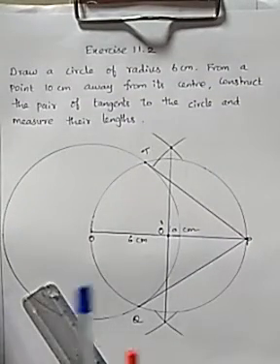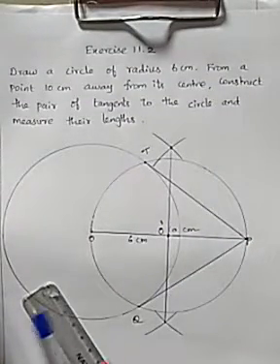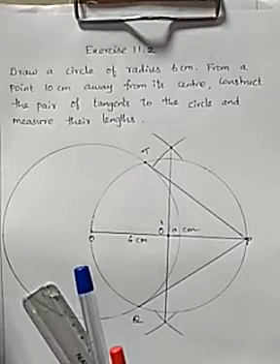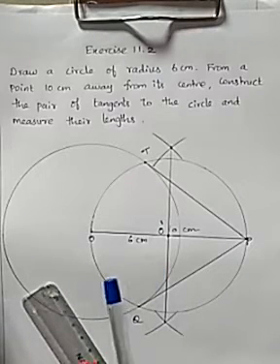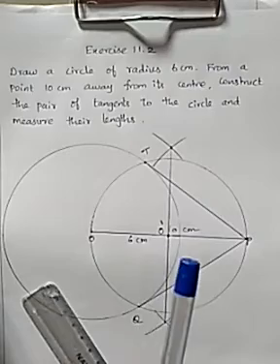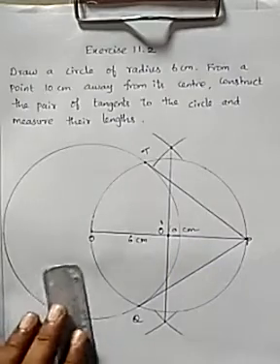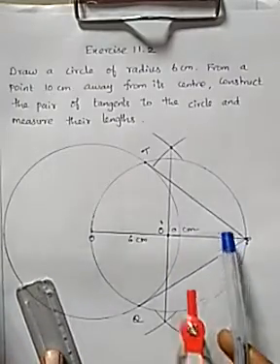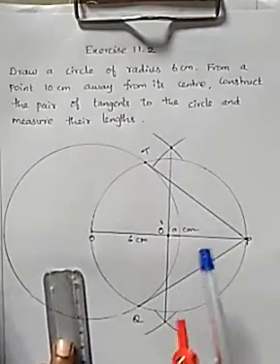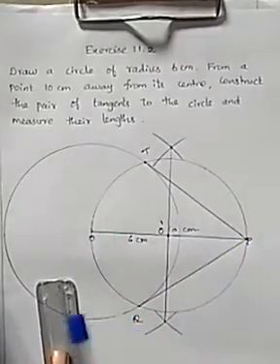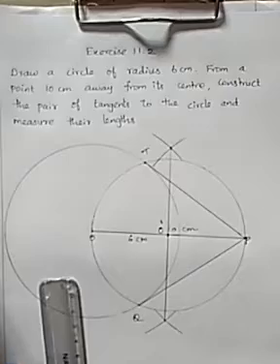Now PT and PQ joined, this is known as the tangents of the circle. From a point outside you can draw 2 tangents to the circle. Now PT and PQ are the required tangents.